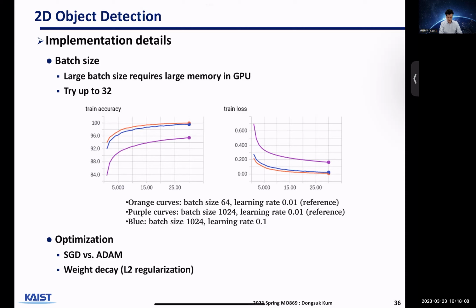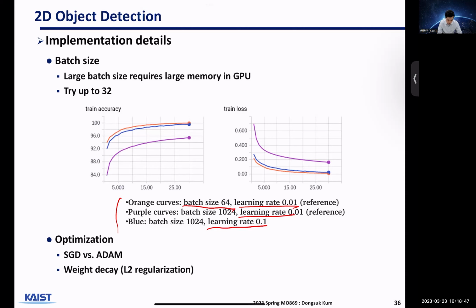So for instance, let's take a look at an example. We fix the learning rate here, and then we are playing with batch size. And you can see that a batch size of 64 gives you the best performance.